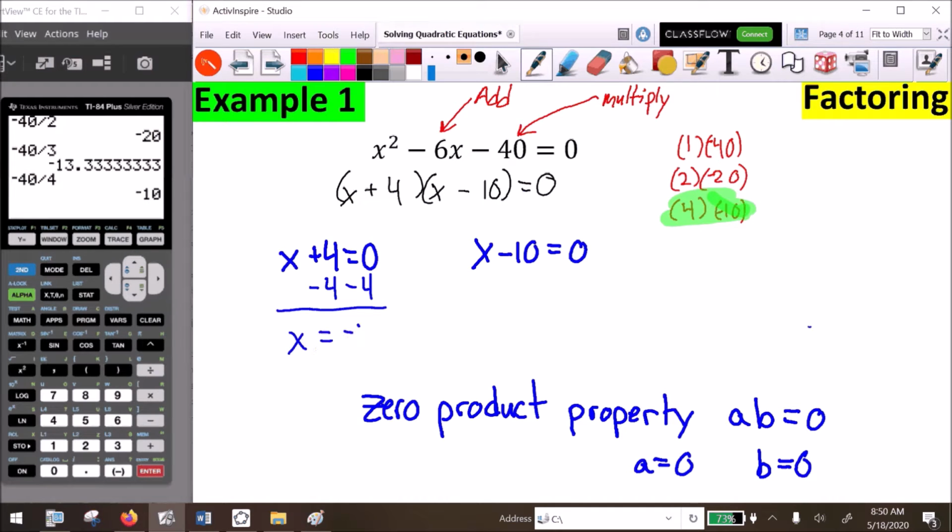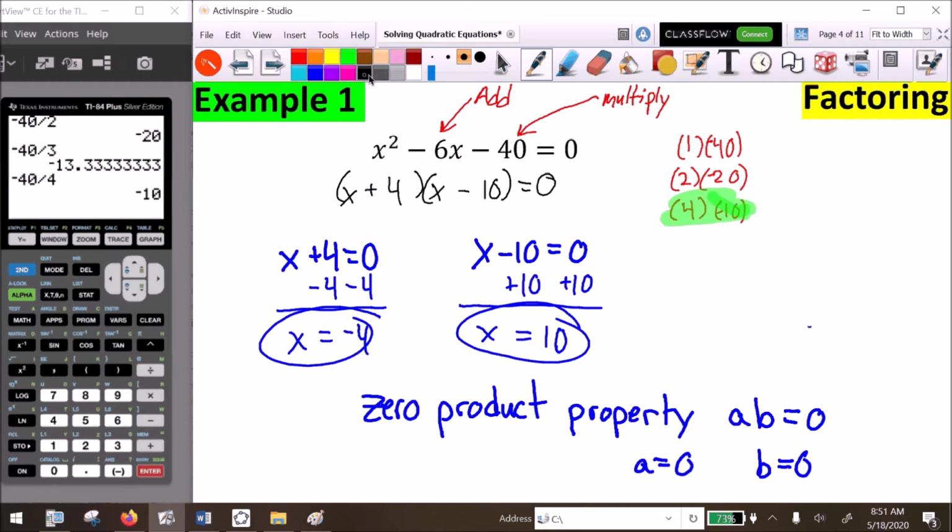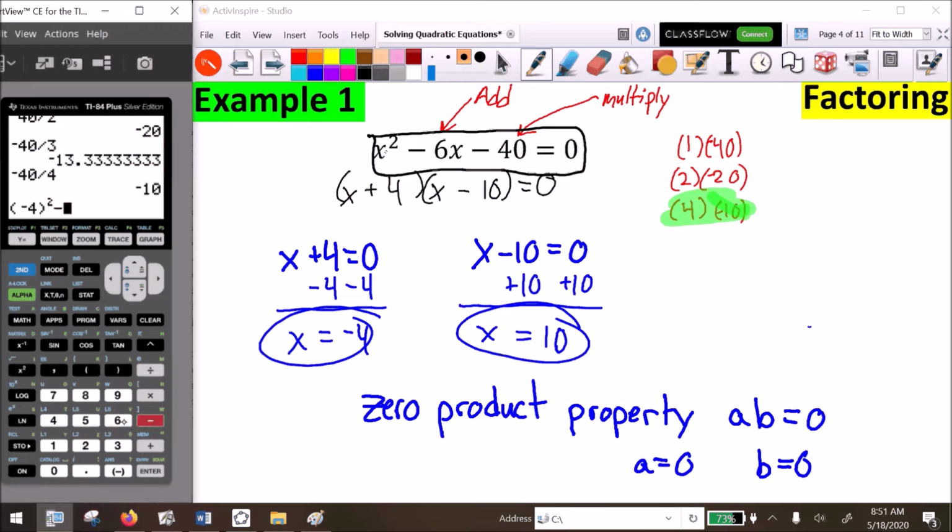x is equal to -4, and x is equal to +10. They're both answers to this quadratic equation, and they both work. Just to prove that, we had x squared, so I'm going to do (-4) squared minus 6x minus 40, and I hit enter.